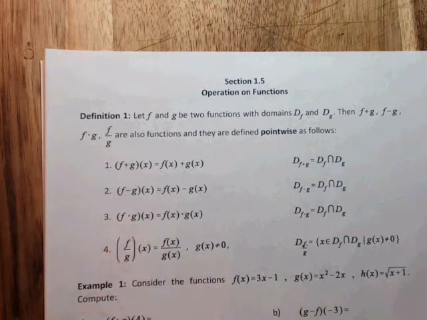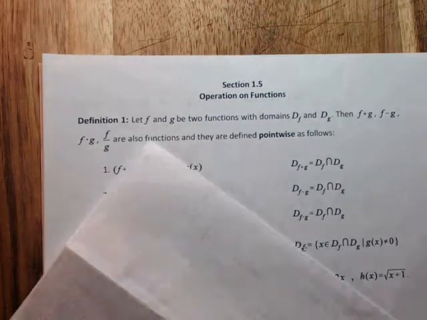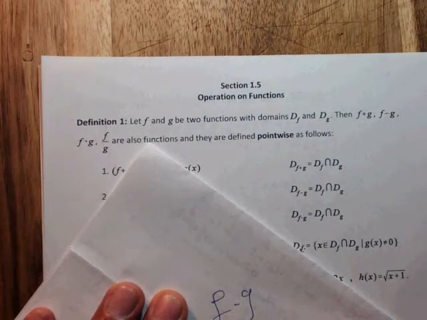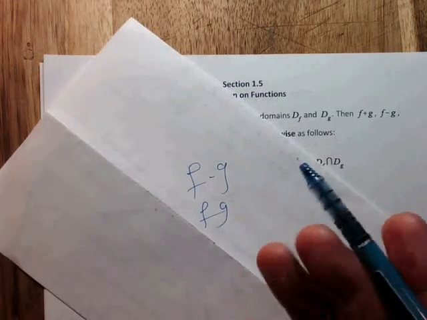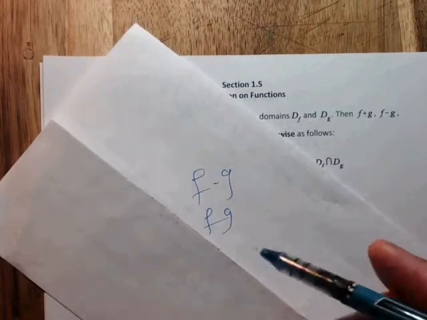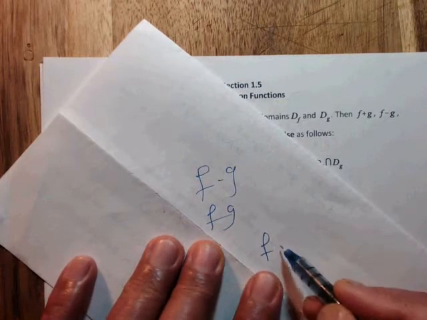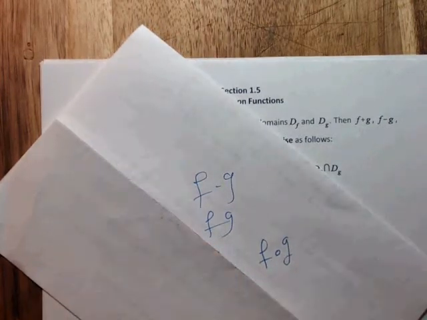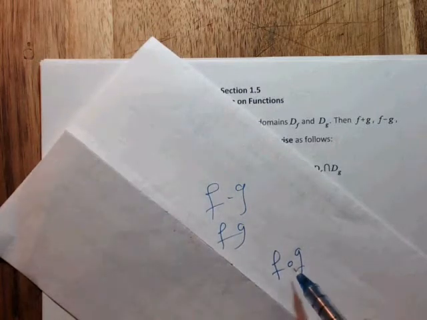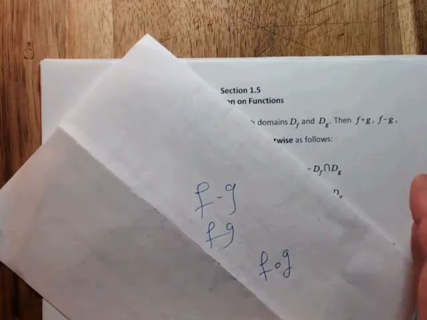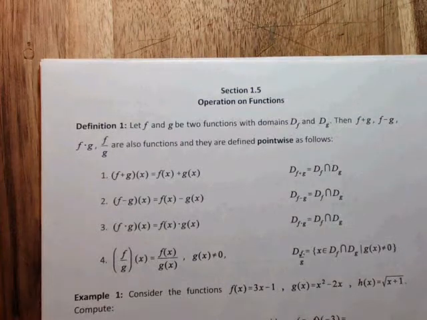So every time you see a dot or nothing between the functions, it is multiplication, something like f dot g or fg. These both mean that you are multiplying the functions. But if I put another symbol in between, f circle g, that we're going to study now, that would mean something different. So don't think that the circle means multiplication. No, the circle means something else. We call it composition, and that's what we are about to study.